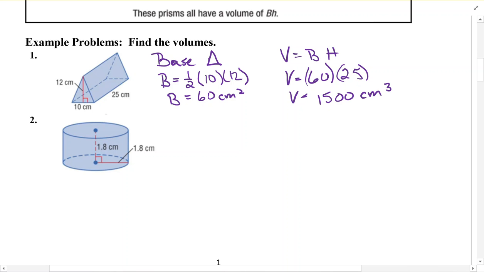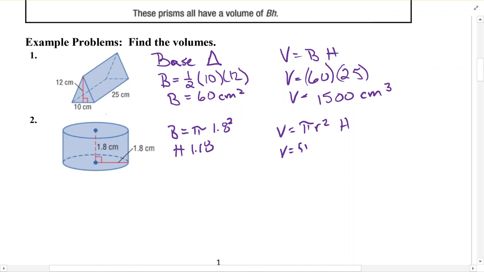For the second example, we have a cylinder, so the base is a circle. So to calculate the base, it'd be pi r squared, so pi 1.8 squared. So that's our formula for the base. The height is 1.8. So the volume is pi r squared for the base times the height.